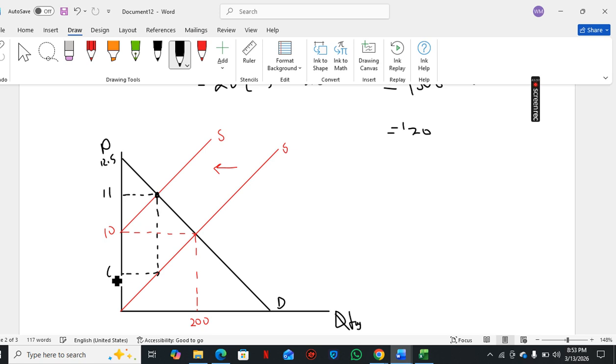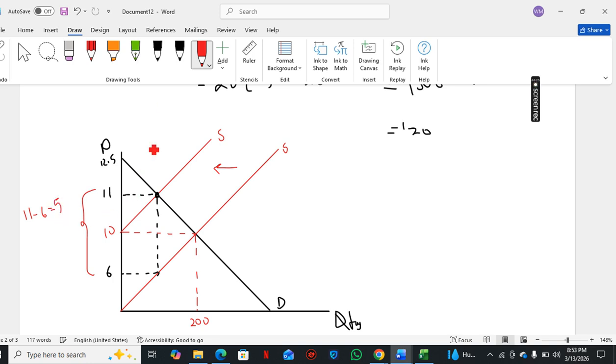This is the 6 kwacha suppliers are receiving. 11 kwacha which the buyers pay, 6 kwacha what the suppliers receive. And to confirm this, remember 11 minus 6 gives you 5 kwacha. So this is representing the tax here.